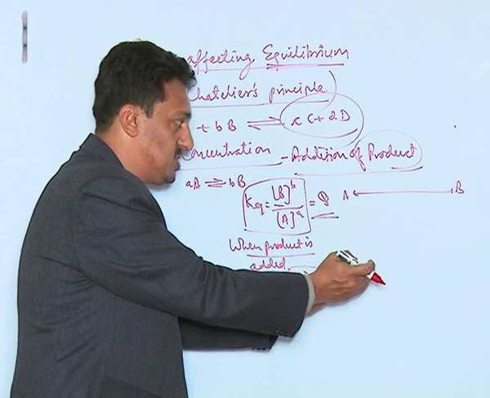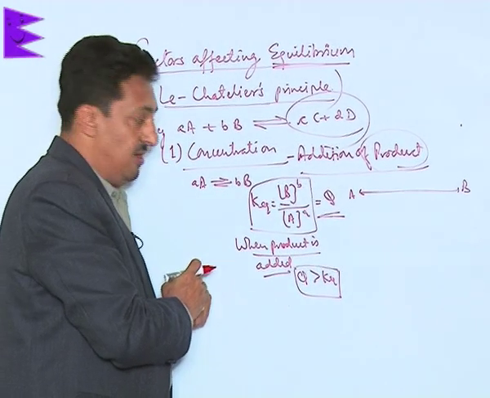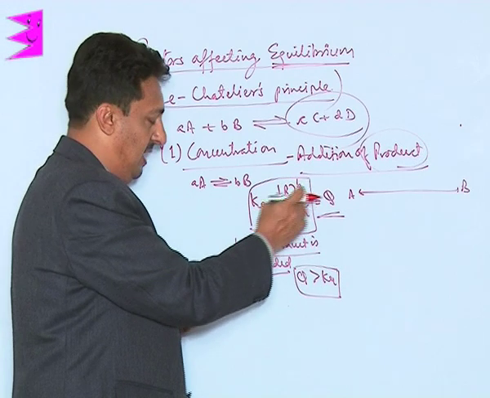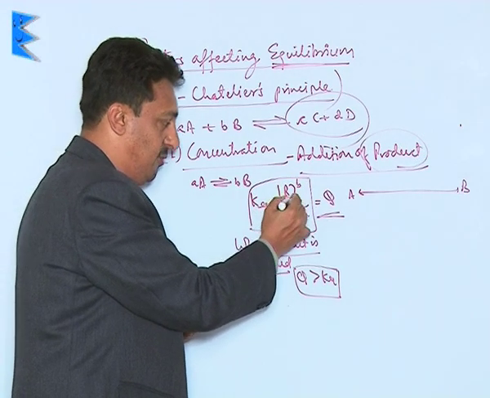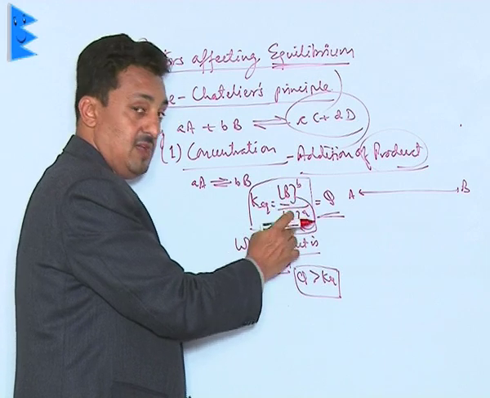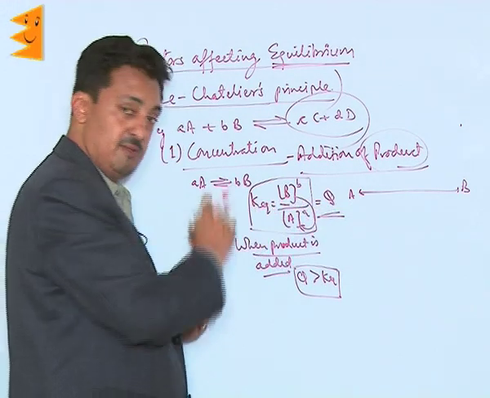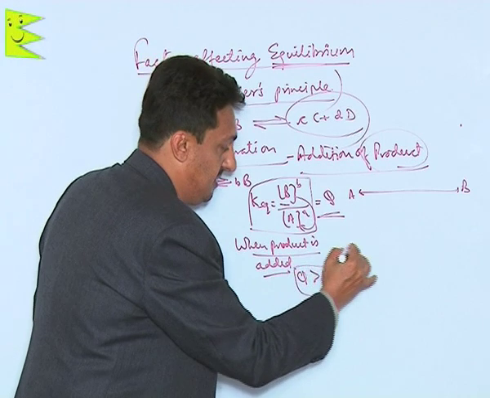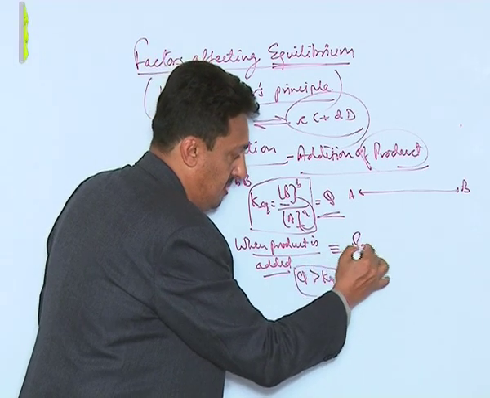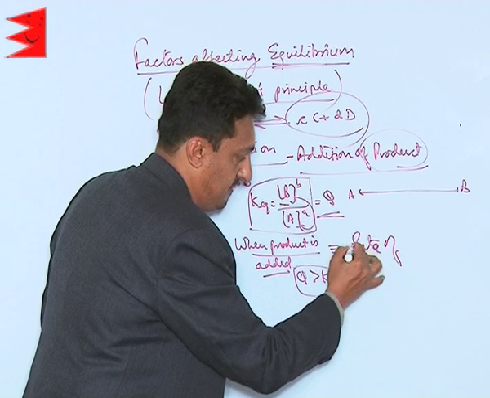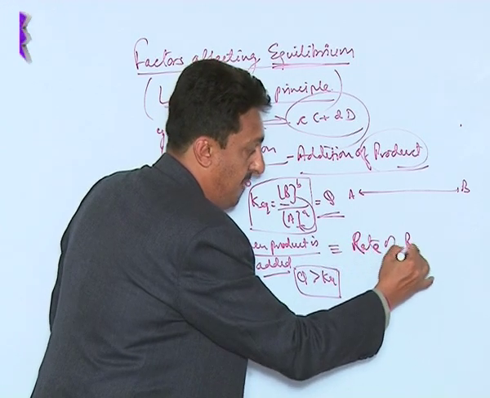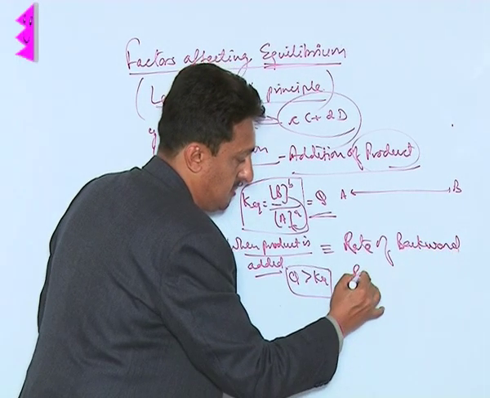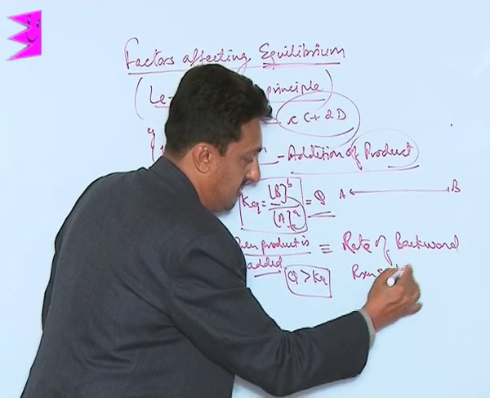Rate of backward reaction will become higher, so that whatever amount of the product you have added gets consumed in a faster way, so that more of the A is formed. The ratio of these two becomes again equal to K equilibrium. So when the product is added, remember, the rate of backward reaction gets increased.